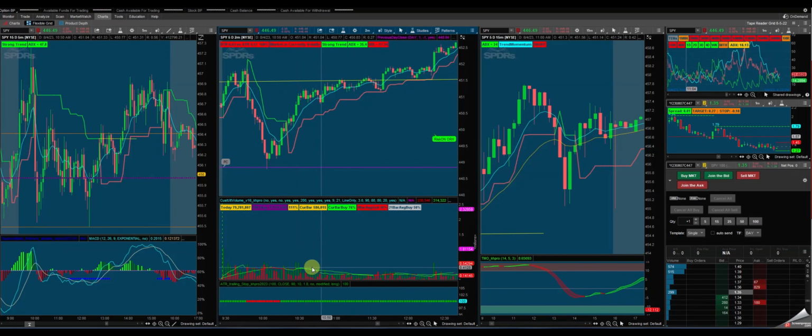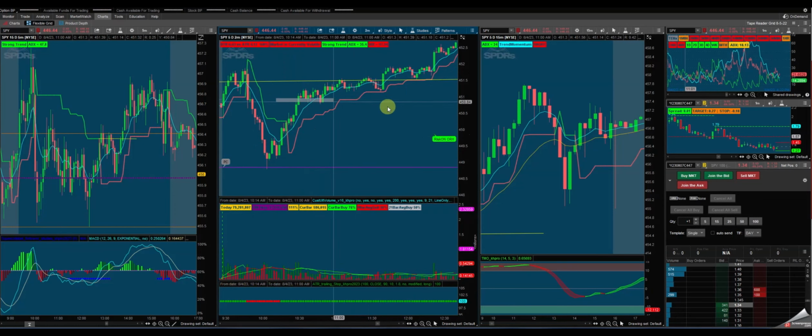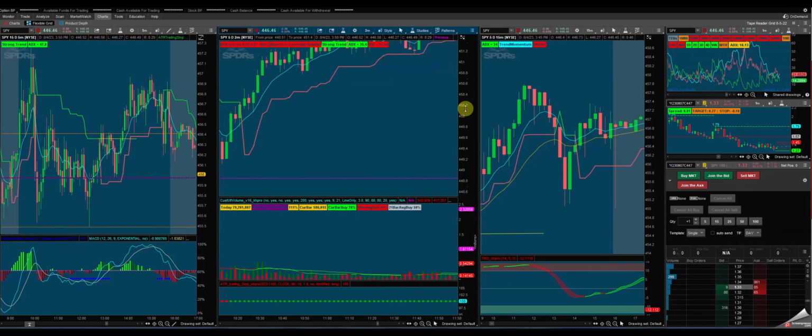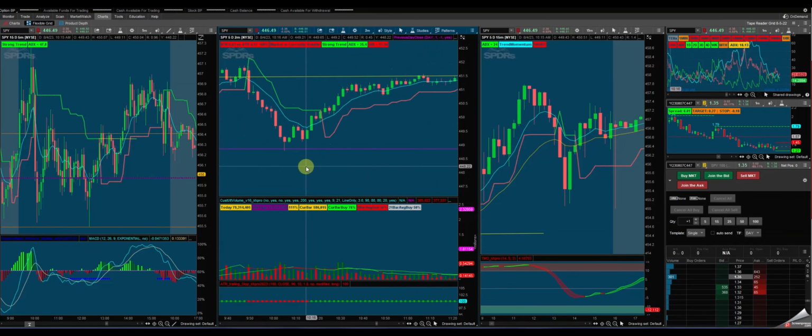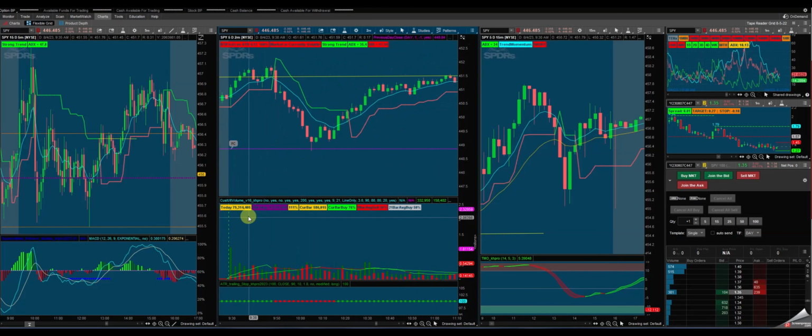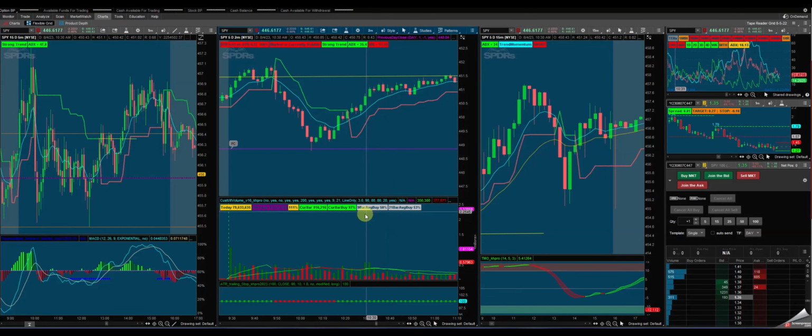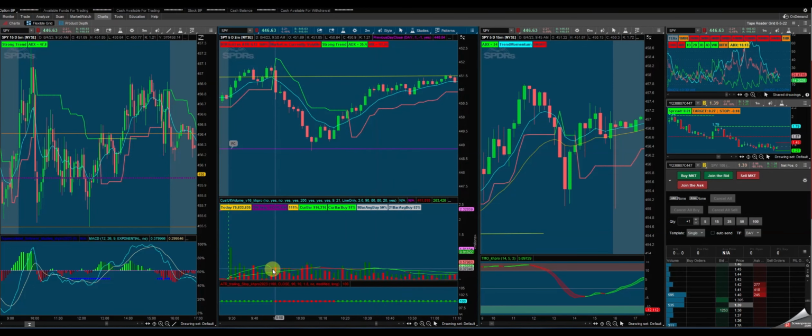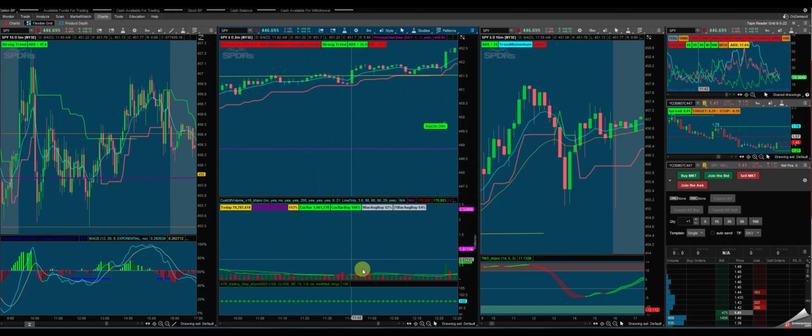This volume study here is a custom study, and it's very, very powerful. It can do all kinds of stuff. It has cool labels, like the current bar. You have a 9-bar average and a 21-bar average, and they are painted. So when one of the averages is mostly selling, it'll be red, and when it has mostly buying, it'll be green.